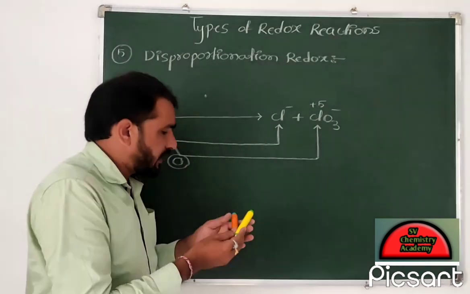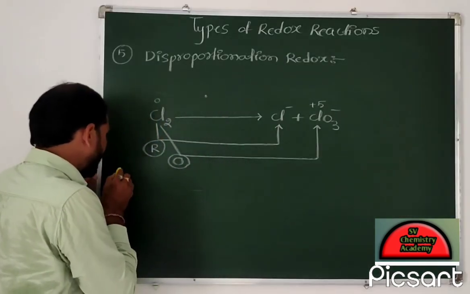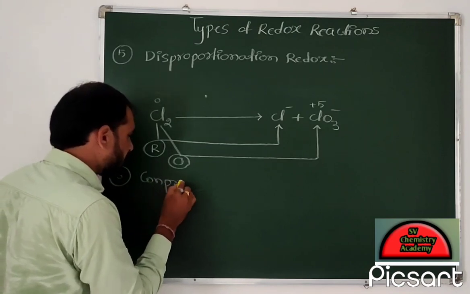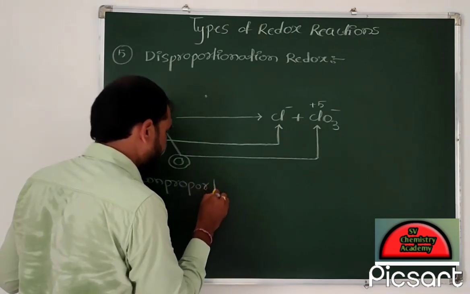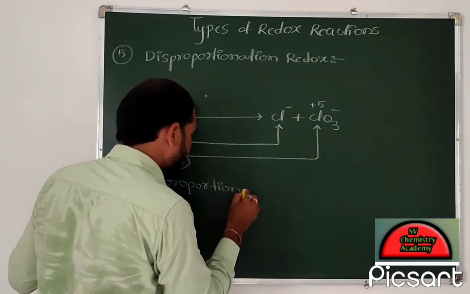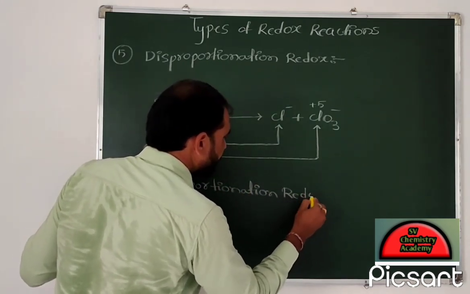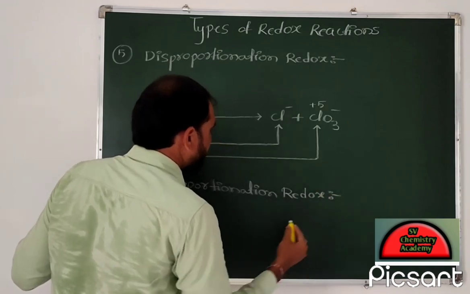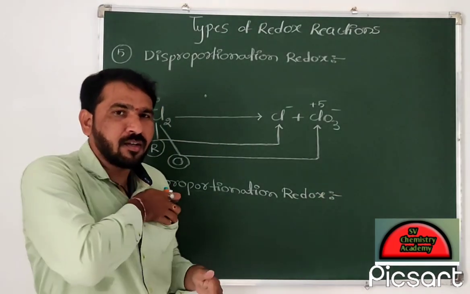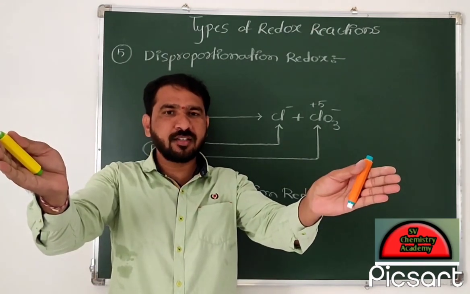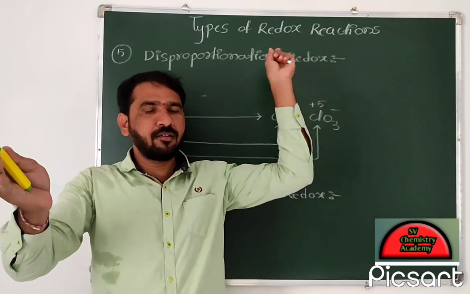So the next type of redox reaction is what? Comproportionation redox reaction. As I told, a single oxidation state dissociating into 2 different oxidation states, na?